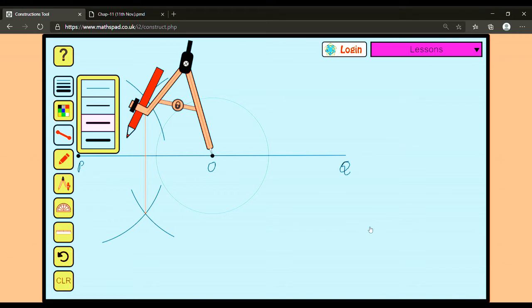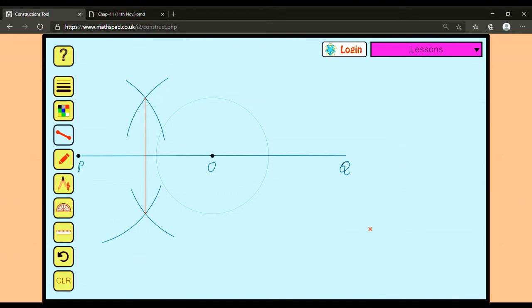And we have the midpoint of OP. Let's name this as M.